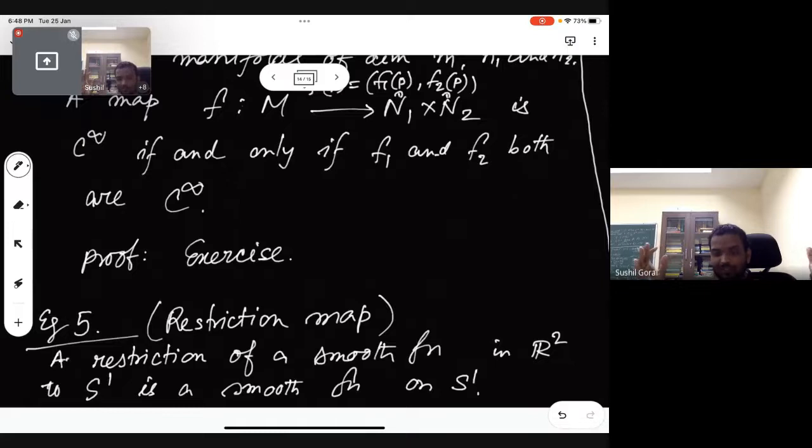So the first thing is that if you look at maps in Rn and restrict them to the circle or the unit sphere, you get a smooth function again, right? Any question here?